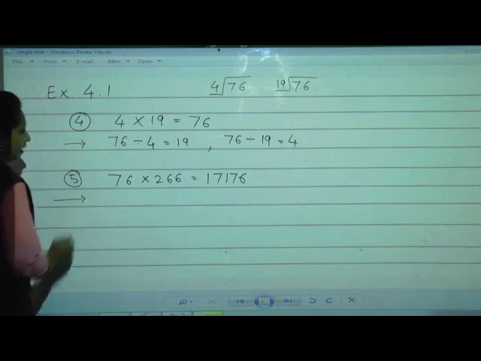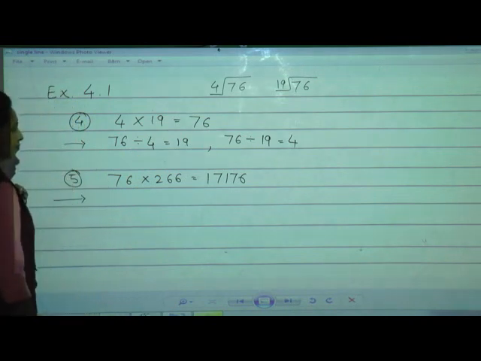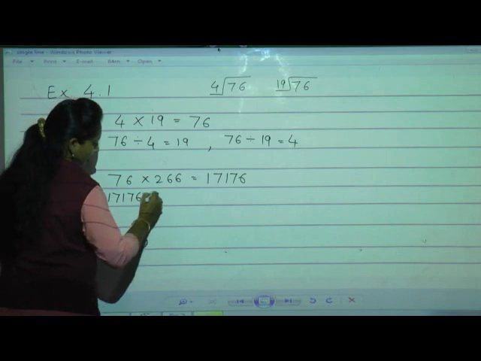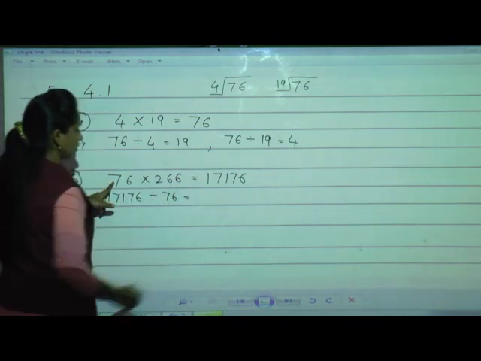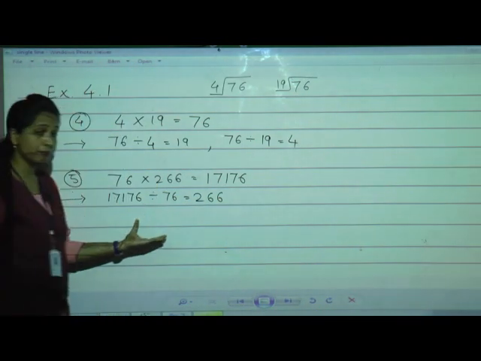How can we do it? Same, use the properties of division, rule number 1. Now write the number, the answer, give the division symbol, take the first number: 76 is equal to the answer, which is 266. See, a very big number.